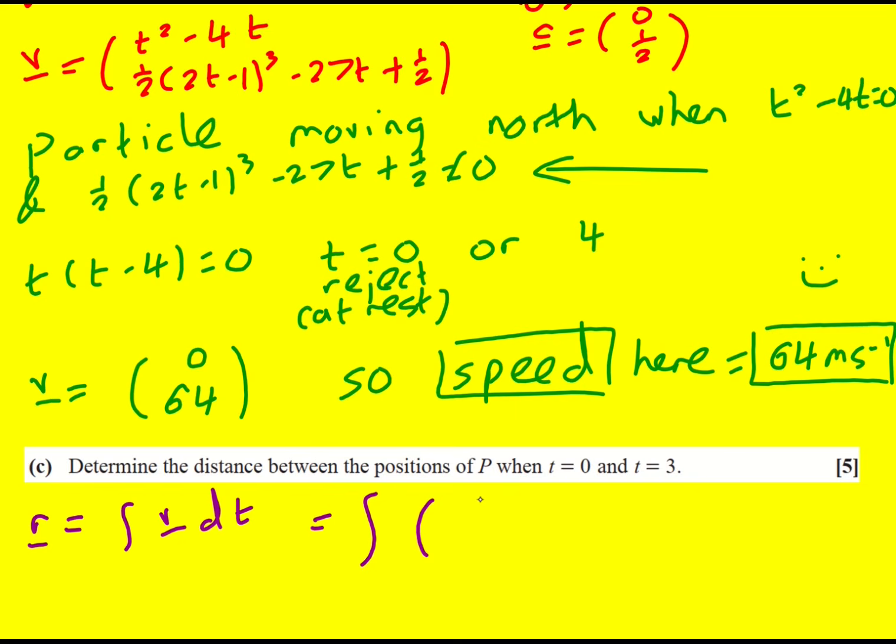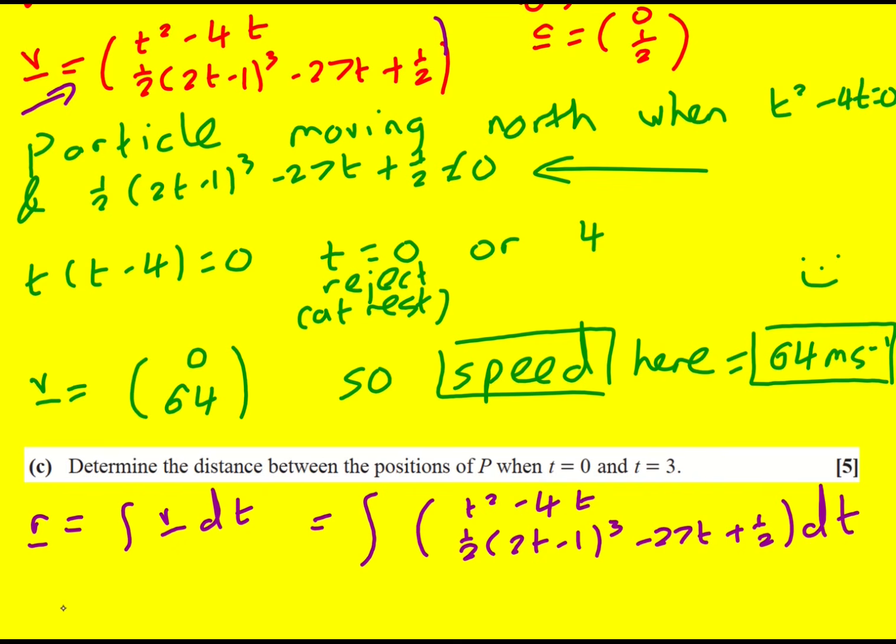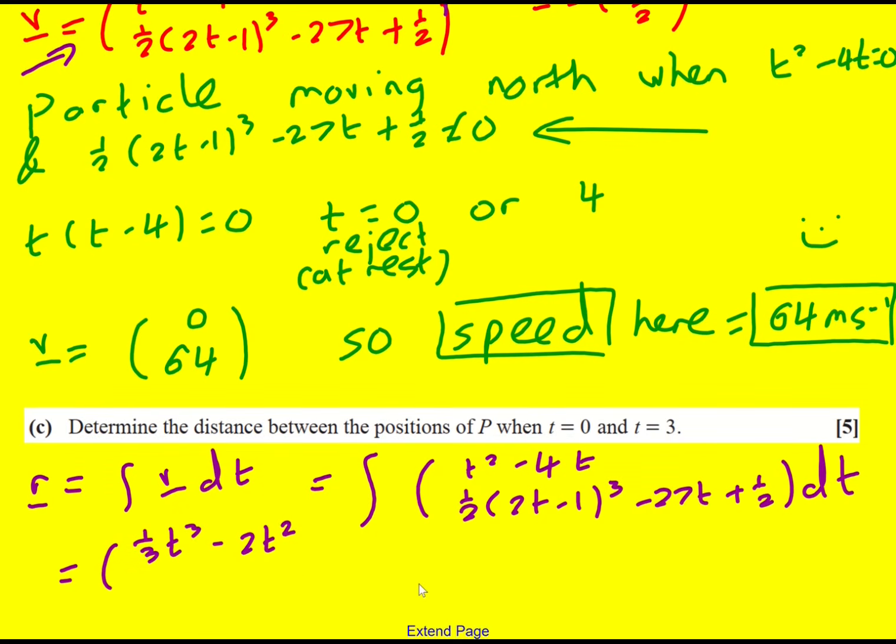So the integral of t squared minus 4t, and then all the rest of this, I'm just pulling down from up here. And then got the chain rule again.